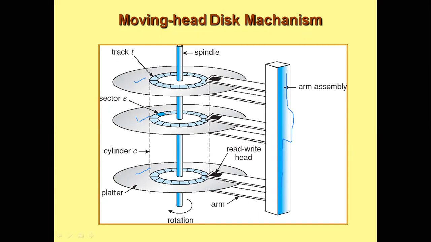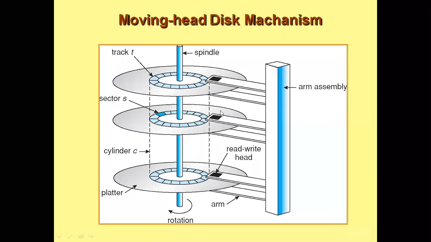Clear? And as you can see here, each of the read write heads is aligned on the same track on each of the platters, and they're pointing at the desired sector. So this entire thing is called a cylinder.